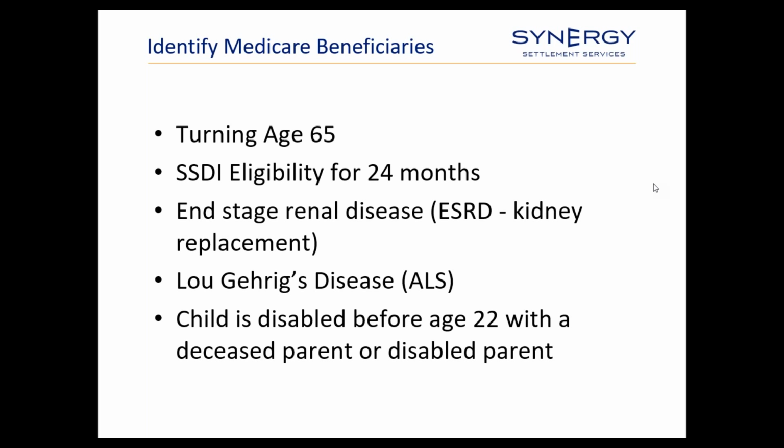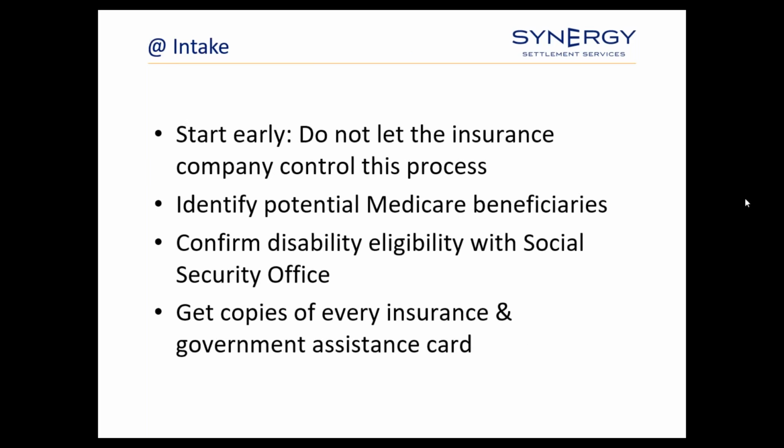The same thing if they are severely disabled and you know they're going to be eligible for SSD, then they're typically eligible for Medicare within that 24-month process. If they have end-stage renal disease, which is kidney replacement, Lou Gehrig's disease, ALS, or if they became disabled prior to age 22 with a deceased or disabled parent, those are all people that will be on Medicare.